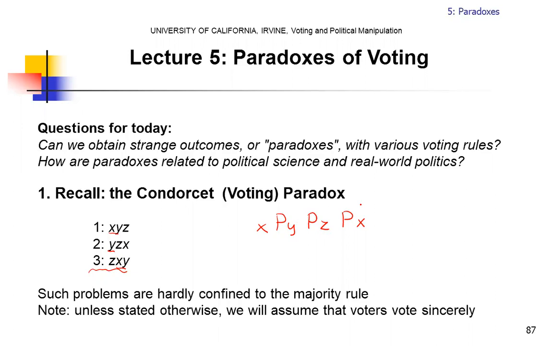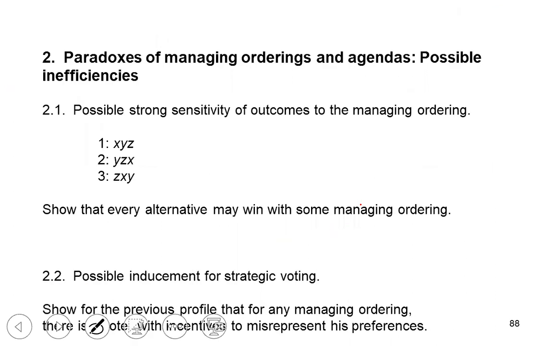But there are problems of a different sort. They are not directly related to the voting paradox, but they are sometimes incredibly weird and disturbing. So we'll start discussing the paradoxes of managing orderings and agendas.